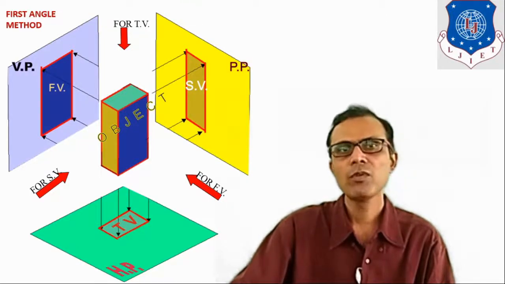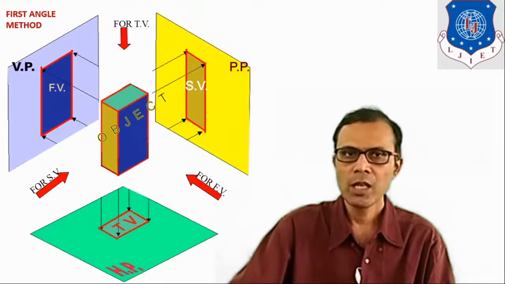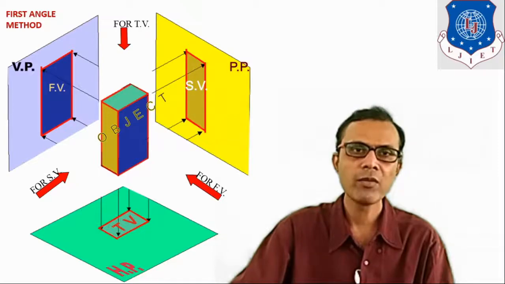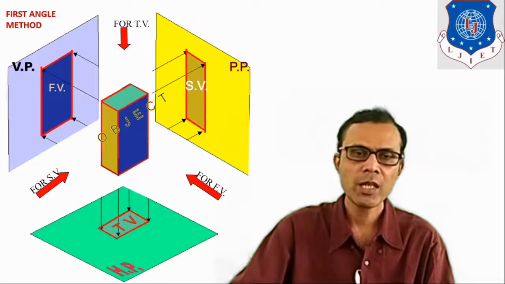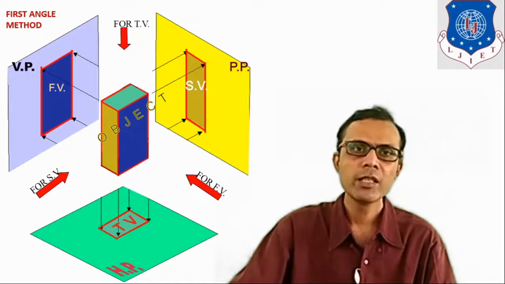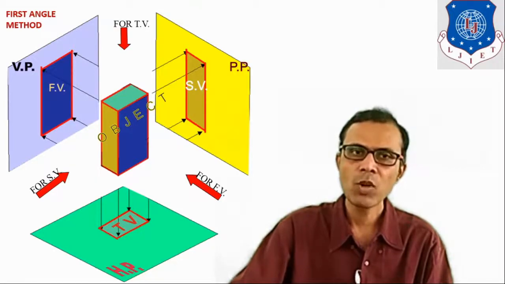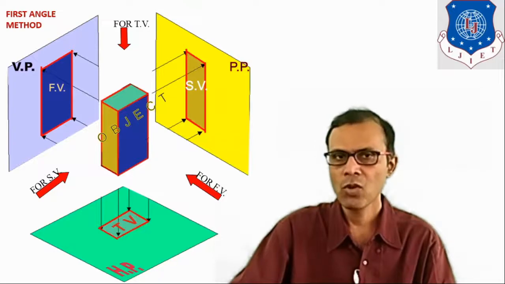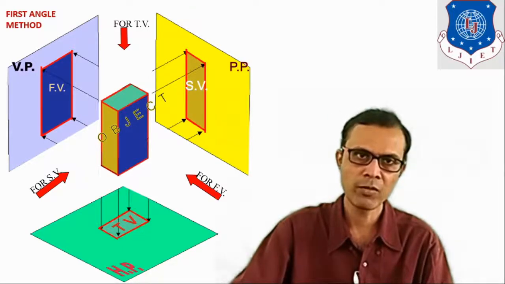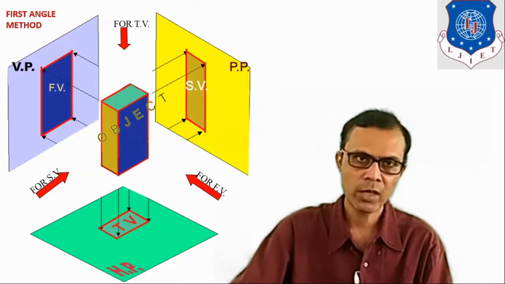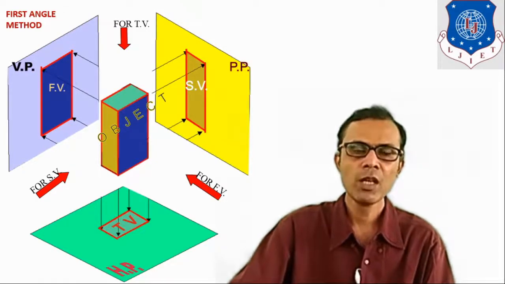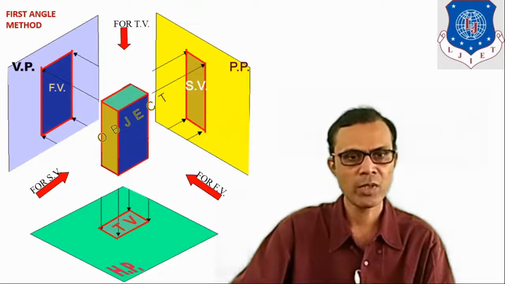Similarly, if you look at the object from the right side, the obtained view is known as the right hand side view. If you look at the object from the bottom side, the obtained view is known as the bottom view. And if you look at the object from the rear side, that is the direction opposite to the front view, the obtained view is known as the rear view. So these are the maximum possible views which we can obtain for any object.